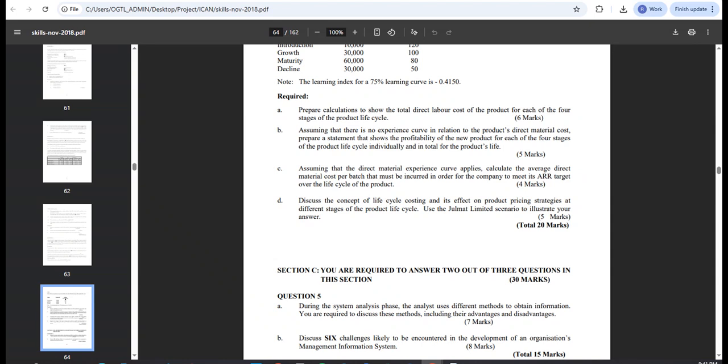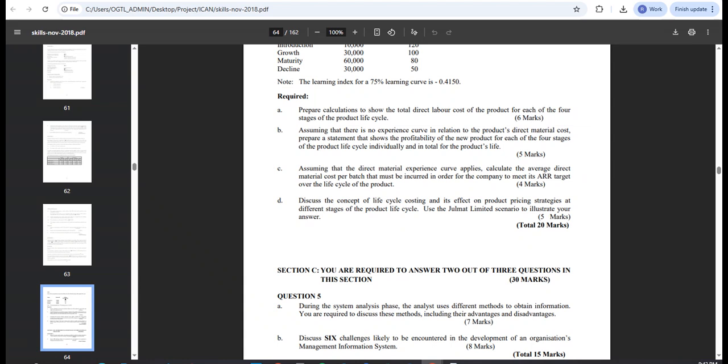C. Assuming that the direct material experience curve applies, calculate the average direct material cost per batch that must be incurred in order for the company to meet its ARR target over the life cycle of the product. That's accounting rate of return, right?